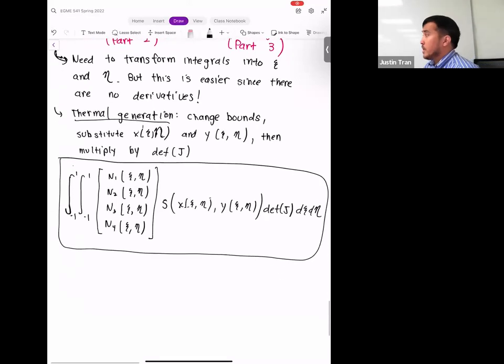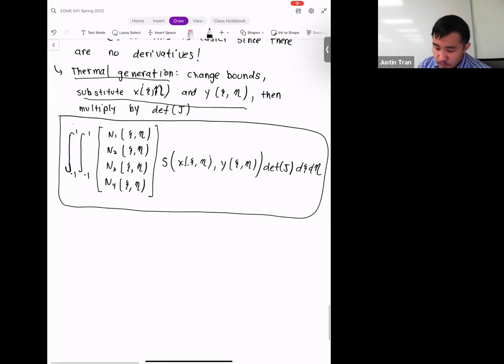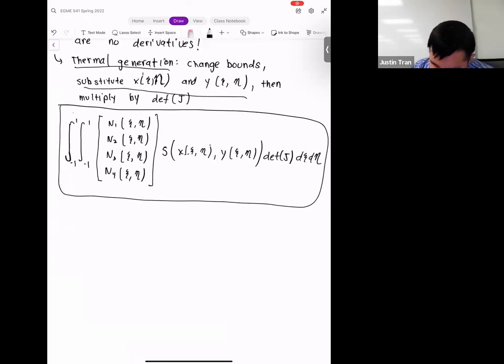All right. And so I think the key point here, which I think is the most difficult to do, is the substitution. This is probably where you're going to make the substitutions more so than in the element stiffness matrix, because the element stiffness matrix usually doesn't have x and y. And just to recall, the way we obtain x of epsilon and eta is that we use the shape functions, right?